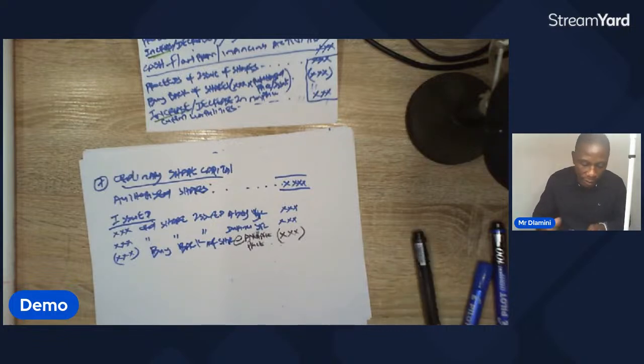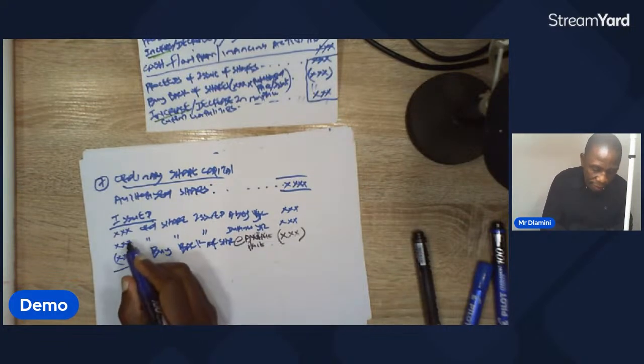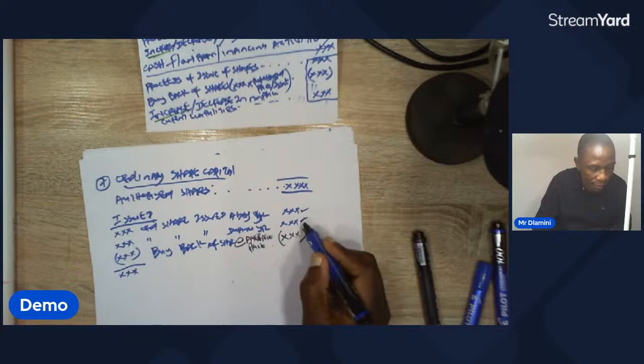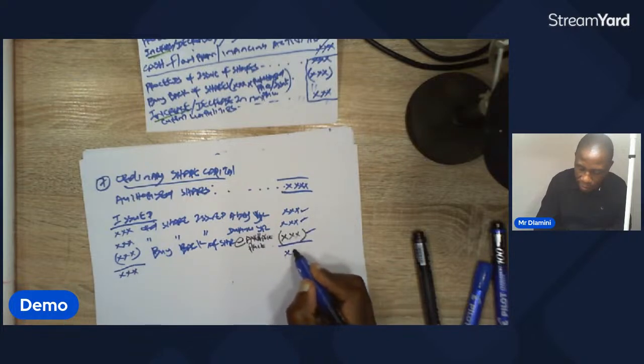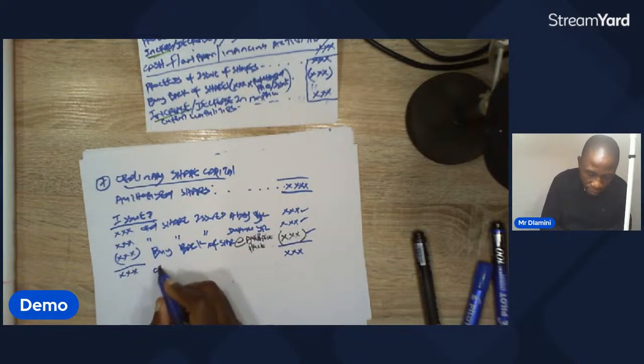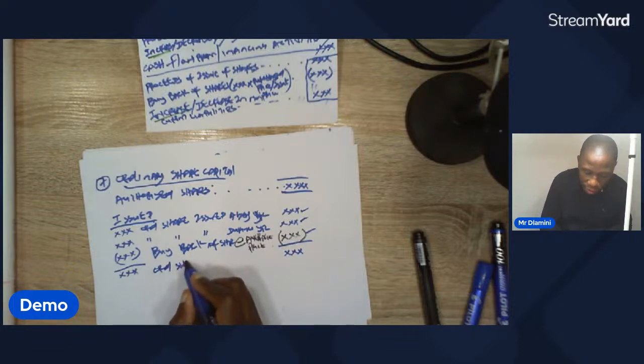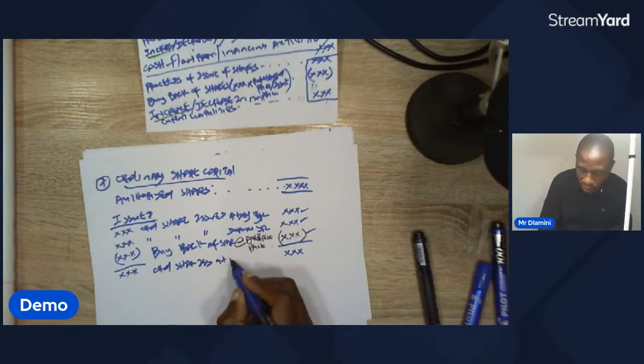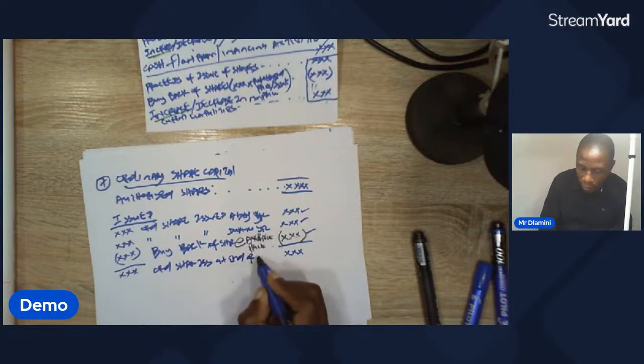Now you add this plus this minus the buyback number, and you get the ordinary shares issued at the end of year.